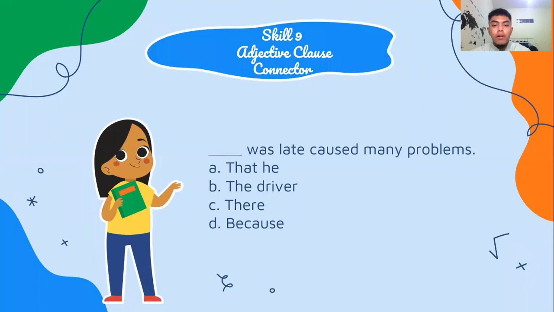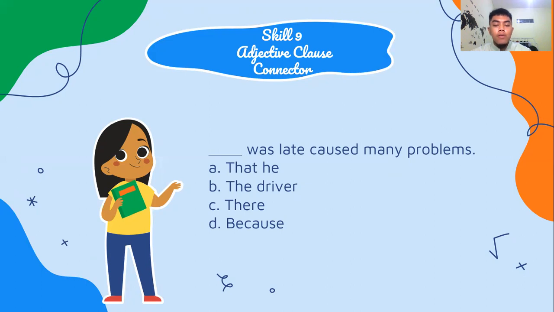In the example problem above, there are two verbs and clauses, each of which requires a subject. Answer B is incorrect because the driver is only one subject, while the example question above requires two subjects. Answers C and D are also incorrect because there and because cannot be the subject.